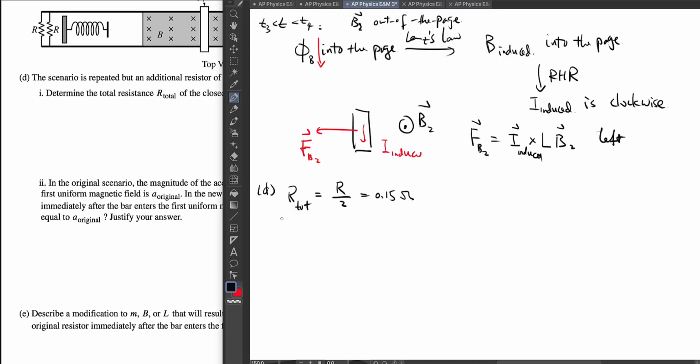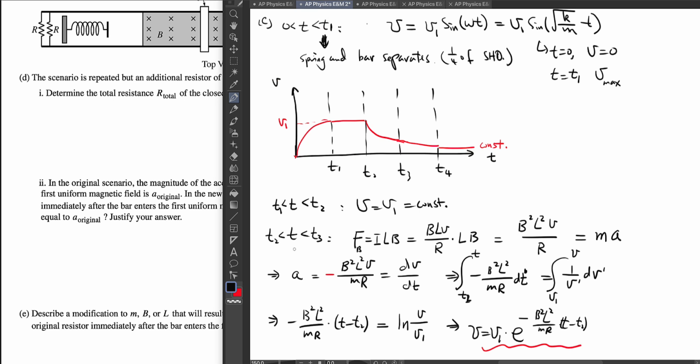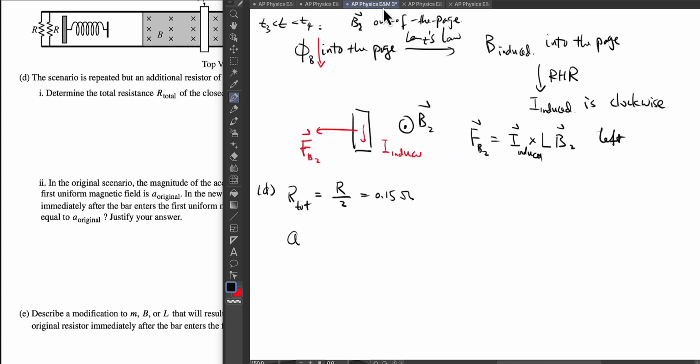So let's look back at the acceleration that we solved earlier. Let's look at this equation here. The acceleration is given by B square L square V over MR, and that's the original.